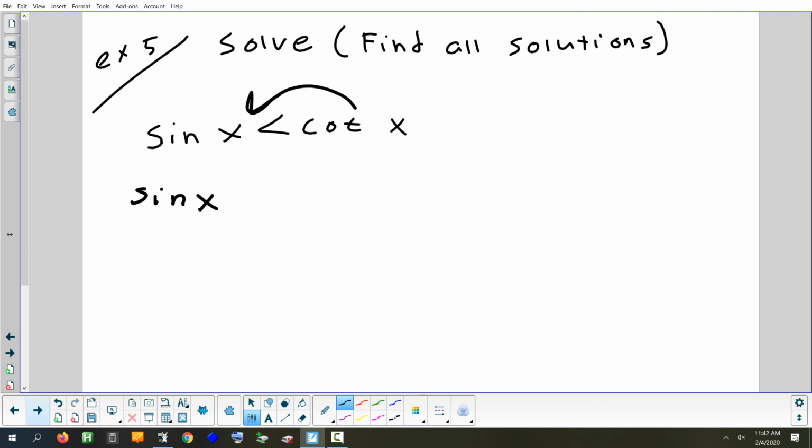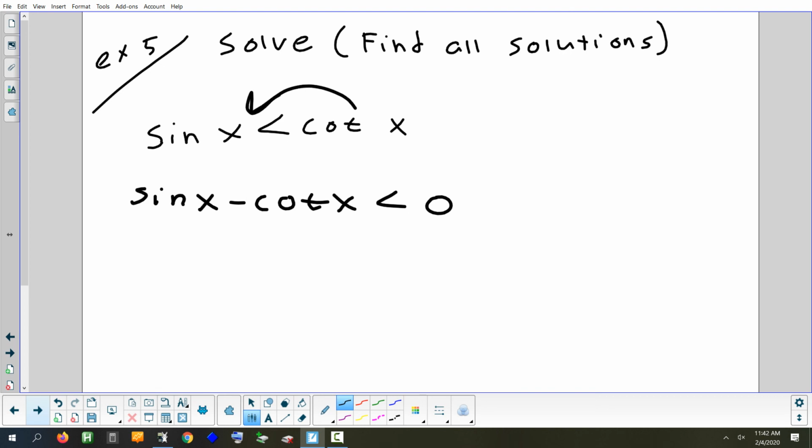That wouldn't leave you with a 0 on the right. You could move it that way, it just won't leave you with a 0. But that is something we may do at some point for something else, but just not today. Yep. Subtract cotangent from both sides, now you have something on the left less than 0.